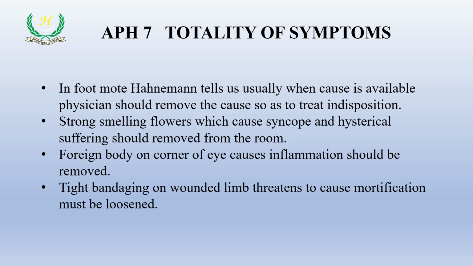Next example is if there is a foreign body in the cornea of the eye which is causing inflammation, it has to be removed. Tight bandaging on the wounded limb threatens to cause mortification, it has to be loosened.